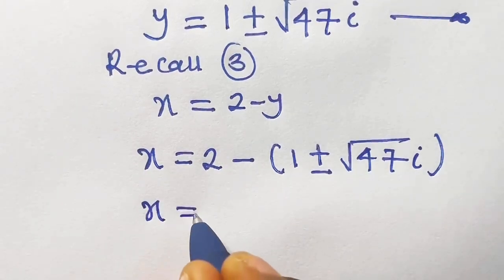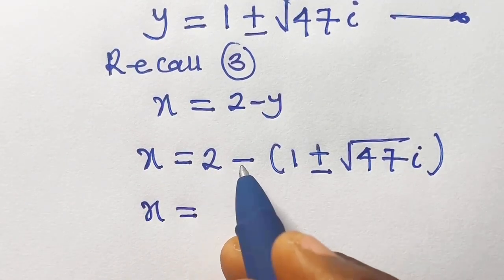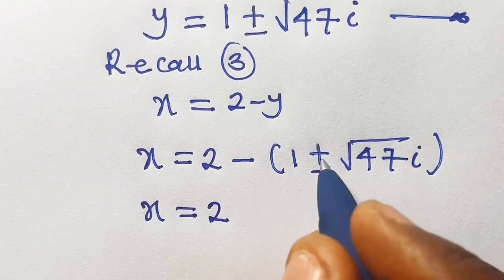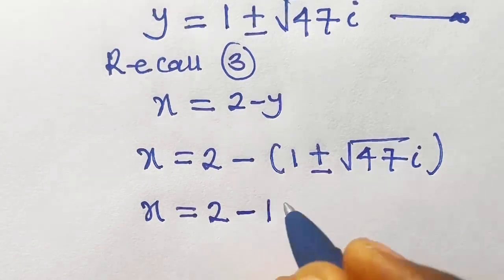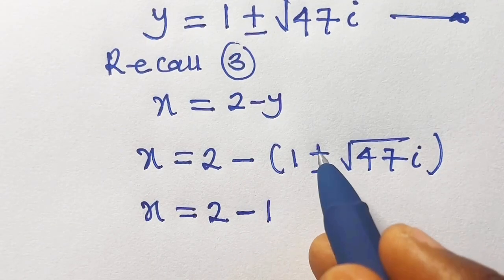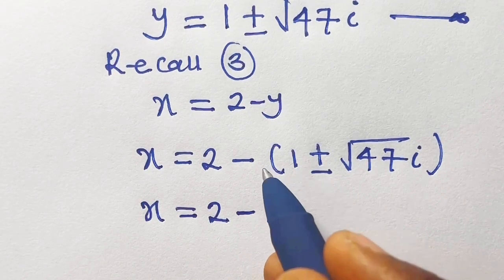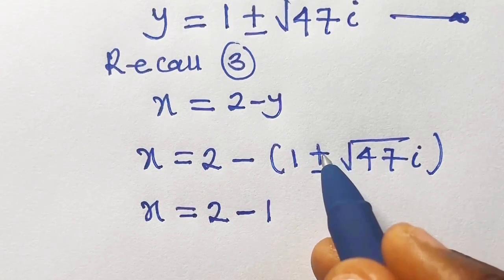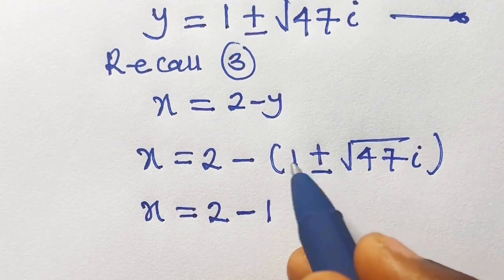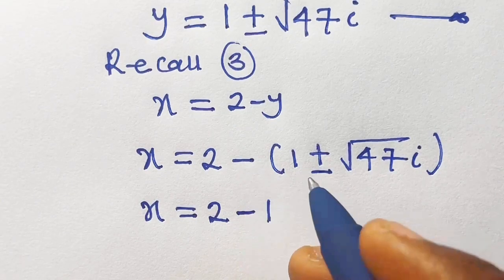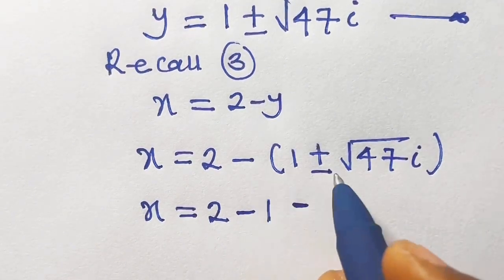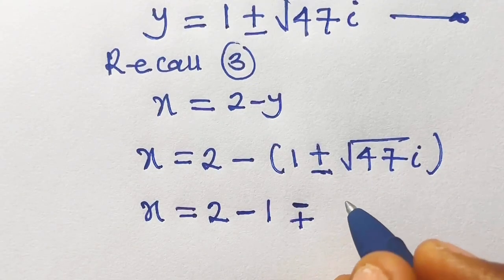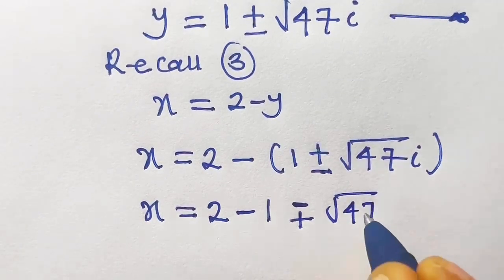We have x equals, we are going to use this minus to expand this. So we have 2 minus times plus 1, we have minus 1. So we now have minus times plus or minus. What this will effect here is that it will interchange this sign. So if we have something plus here before and you multiply it by minus, it will be minus. This is minus, minus times minus, that is plus. So square root of 47i.